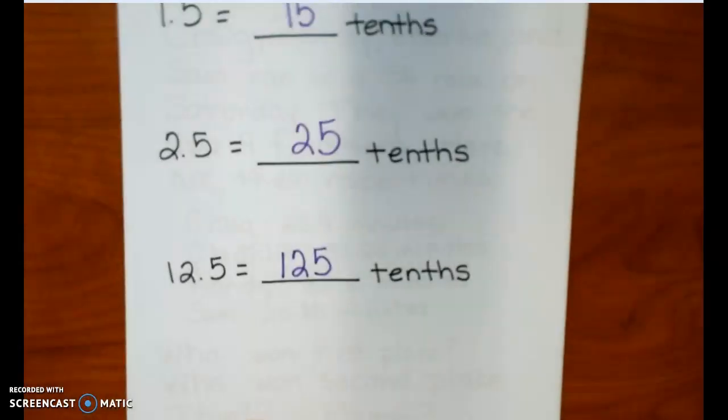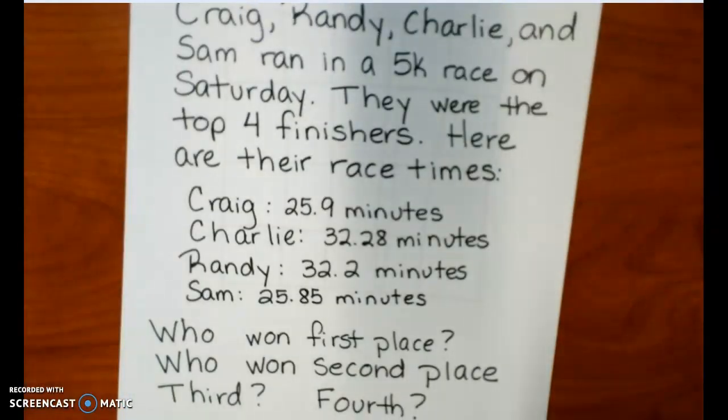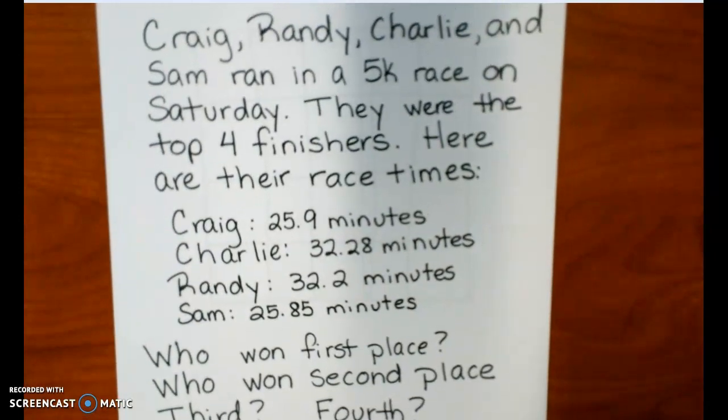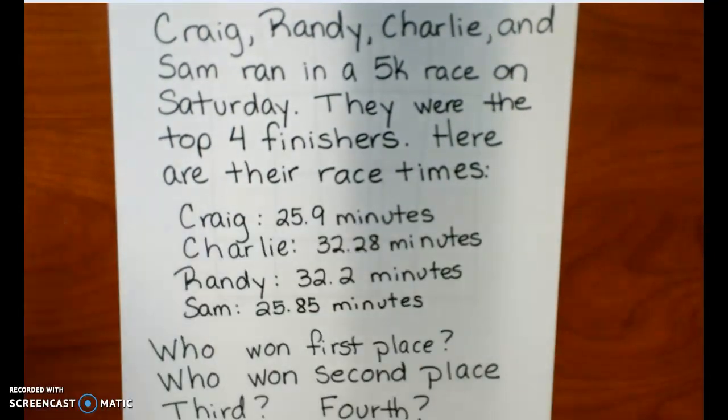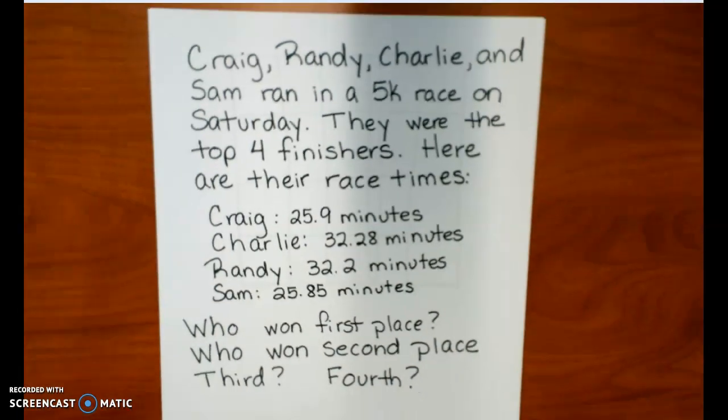Okay, I hope you got all those. Now we're going to do a word problem. And I know you are super excited about that. So, Craig, Randy, Charlie, and Sam ran in a 5K race on Saturday. They were the top 4 finishers. Here are their race times. Craig ran in 25 and 9/10 minutes.